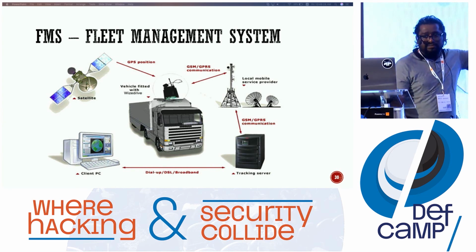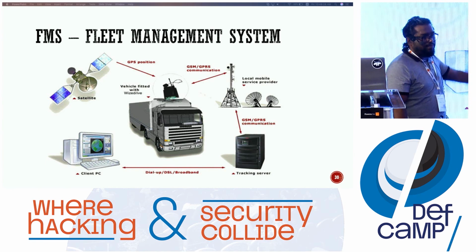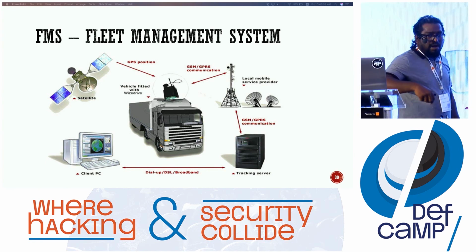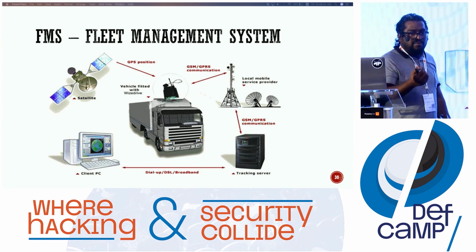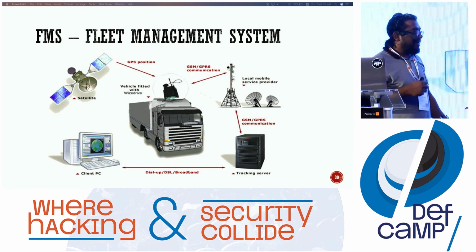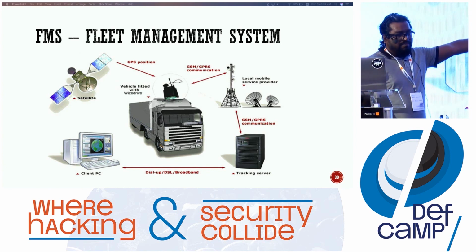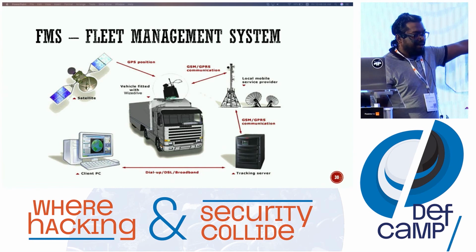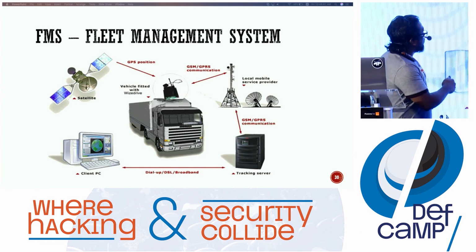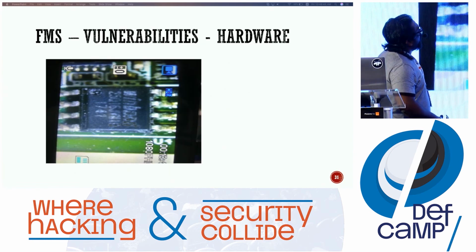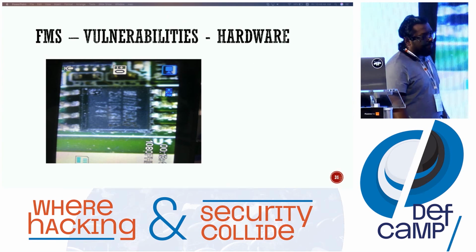What exactly is the USP over here? The location. Location is the critical thing here, because we have to see where exactly my vehicle is going and in which direction. For that purpose, they use fleet management systems. So what are the different kinds of attacks you can perform?